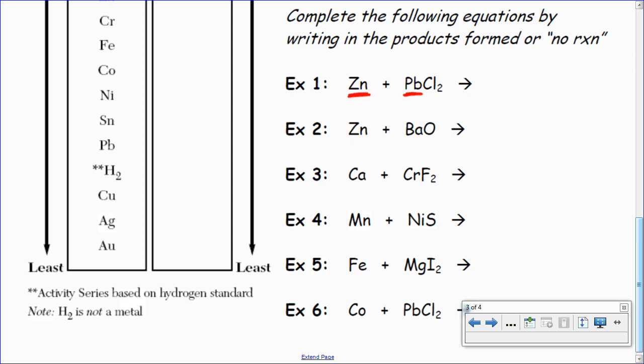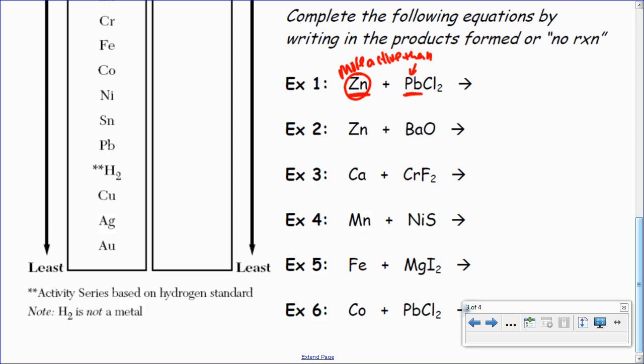I look for zinc on the chart, and it's about smack dab in the middle. I look for lead on the chart, and lead is 1, 2, 3, 4, 5, 6 steps below zinc. So zinc is more active than lead, so it will react to form a spontaneous reaction.